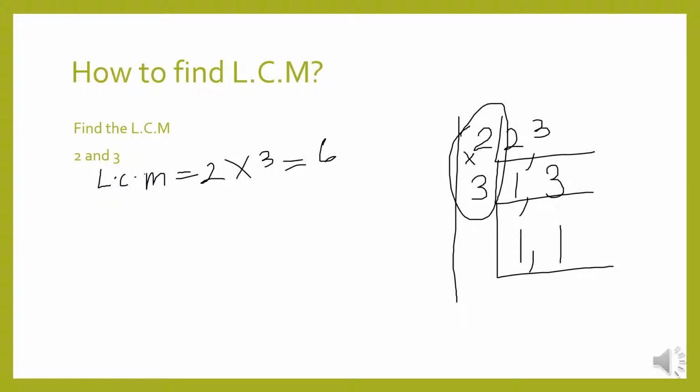Alright, so as you saw, I showed you a method before. I'm showing you this method now, and I'm going to talk to you about another method. Alright, the other method is this. When we want to find the LCM of a number, so I want to find the LCM of 2 and 3, sometimes I can ask myself, could 2 go into 3?